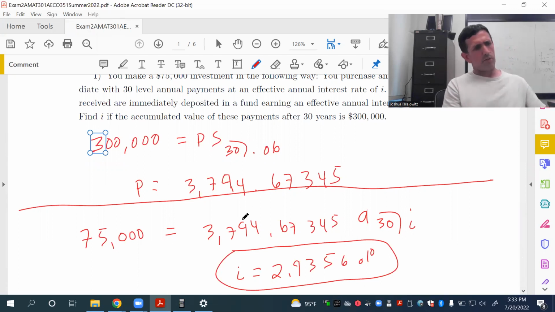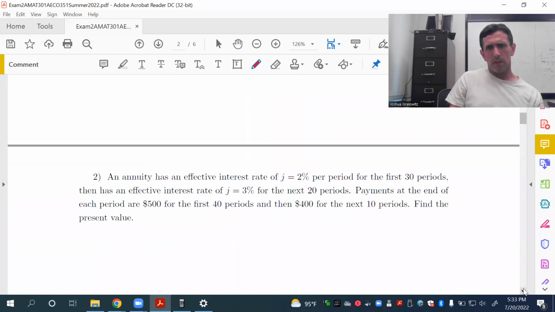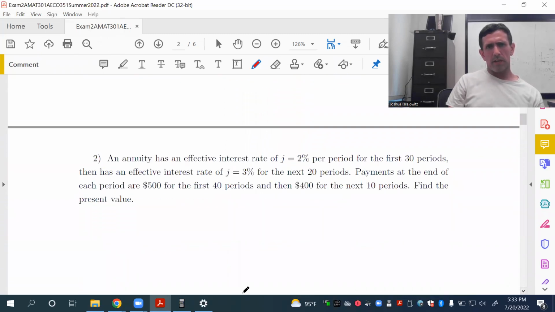Let's go to the second problem. This is where a time diagram definitely helps. We have an annuity with effective interest rate of 2% per period for the first 30 periods, and an effective interest rate of 3% for the next 20 periods.